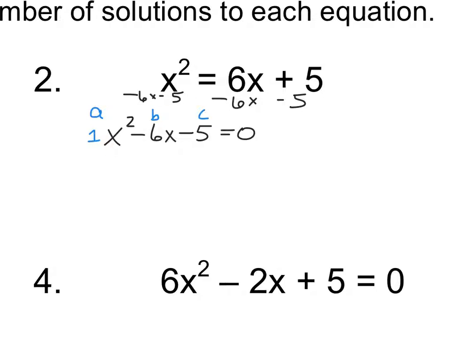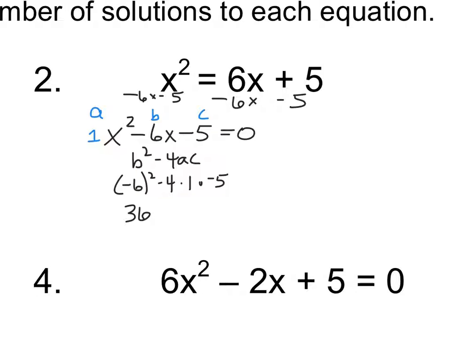And again, I want to plug this into b squared minus 4ac. So b squared, that's negative 6 squared, minus 4 times a is 1, times c is negative 5. Negative 6 squared is 36. And then negative 4 times 1 is negative 4.